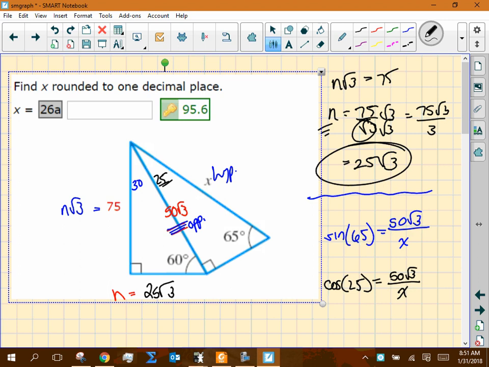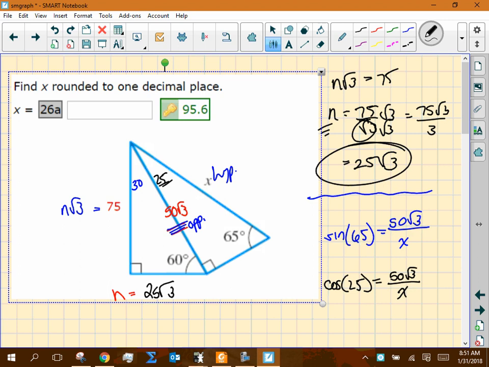Sine and cosine have the same root word sine in them, don't they? Does one have the prefix co? What do you think that co stands for? Complementary. Okay? You see how we went sine of 65 is equal to 50 root 3 over x, and then we found the complement of that and said cosine of 25 is equal to the same thing.